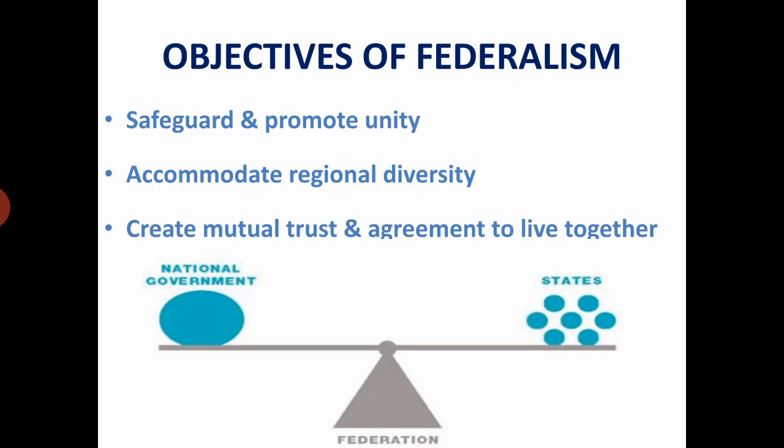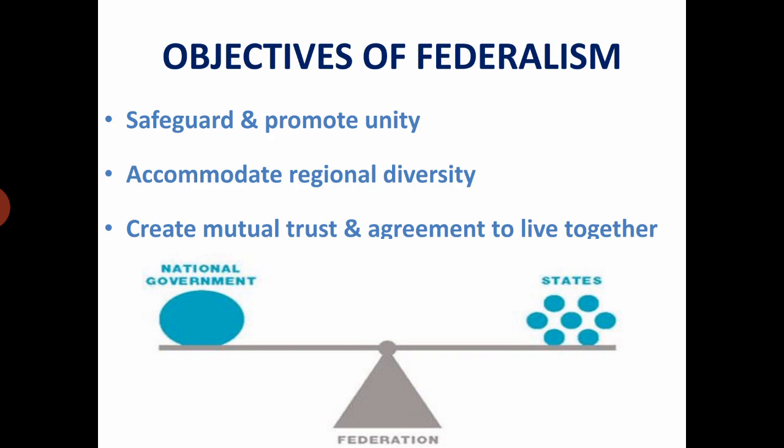Now the question arises that why we prefer federalism. We prefer it because it helps to safeguard and promote unity. It allows state governments to make laws reflecting the needs and goals of people residing in their states. Federalism also accommodates regional diversity. Each state is diverse with respect to language, religion, and culture.